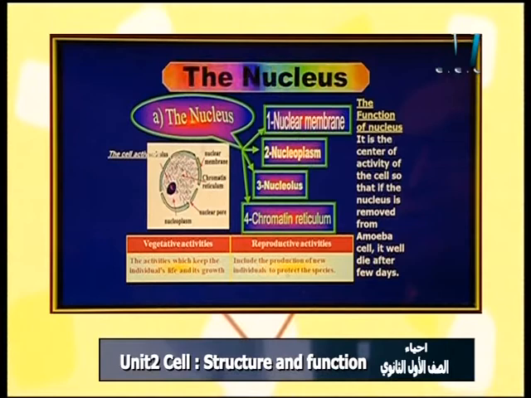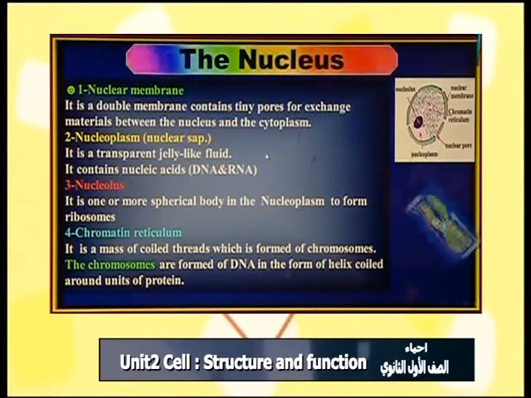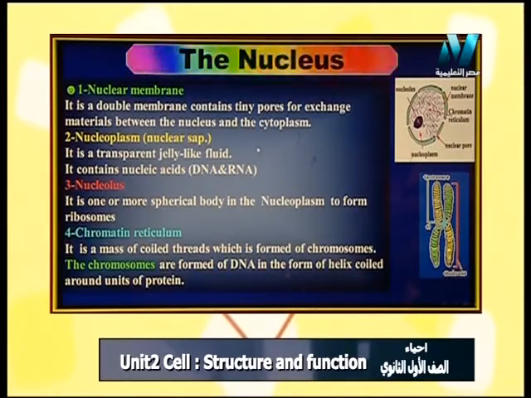يبقى دي الحكاية بتاعة النيوكليوس اللي كان عندها نيوكلير ممبرين وعندها نيوكليوبلازم وعندها نيوكليولس وعندها كروماتين ريتيكولوم. نعمل ستريس شوية على الكروماتين ريتيكولوم. هنلاقي ان الكروماتين ريتيكولوم دي it's a coiled mass of threads which formed of chromosomes. قلنا لحضراتكم the chromosome is composed of two chromatids connected together by centromere زي ما هو باين قدامنا ده.